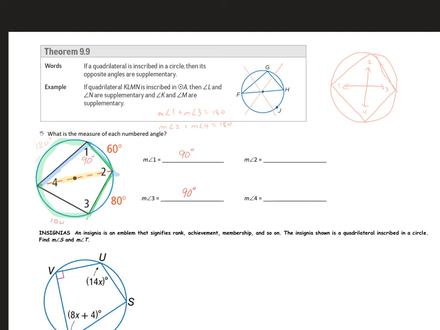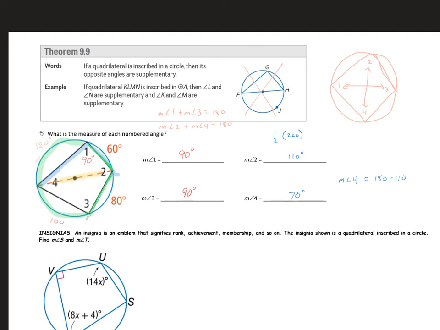So angle 2 is 1/2 of 220, which is 110 degrees. So if that's it, that means that angle 4 is going to be equal to 180 minus 110, which is 70 degrees.